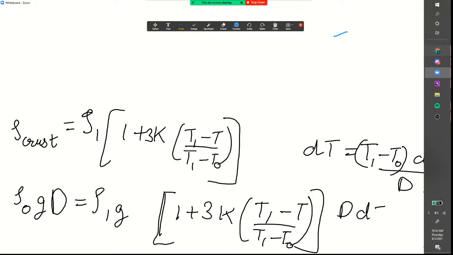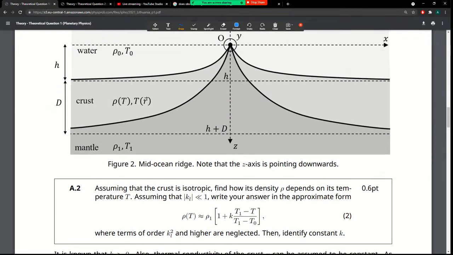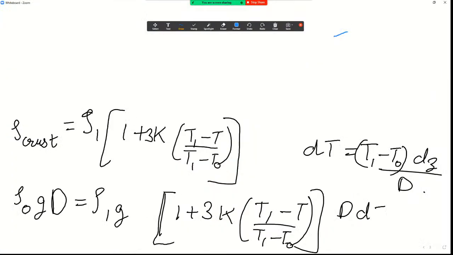Let me look back at the figure. Okay, wait, how do you get rho 0 GD?